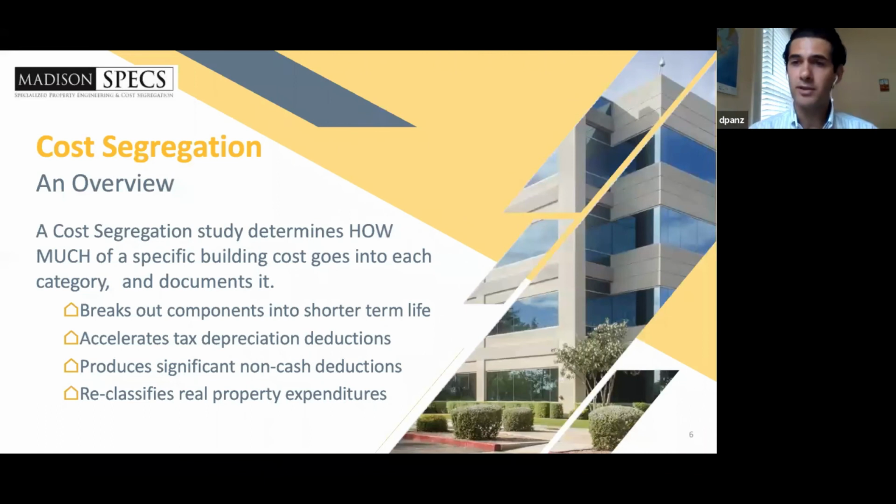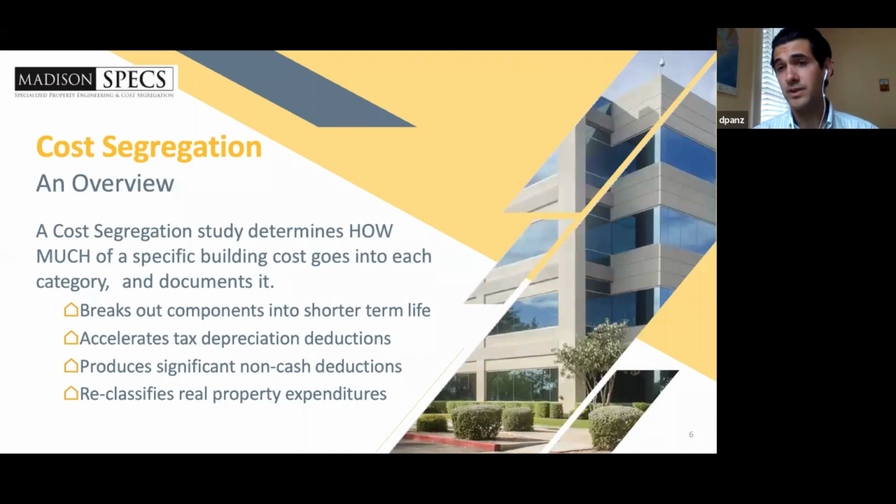Why are they doing that? All of these specific assets have a different depreciation schedule, a different depreciation life, and those lives are going to be much shorter than the actual structure itself. In this case, the structure depreciates over 39 years, while all of these exterior assets are depreciating over 15 years. So you need to identify, capture, and accelerate all of these assets, which gives you significant non-cash deductions.